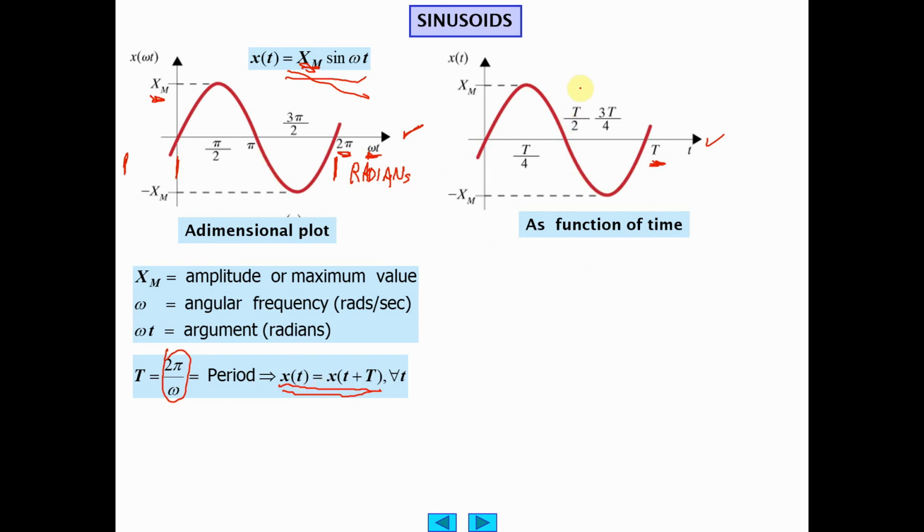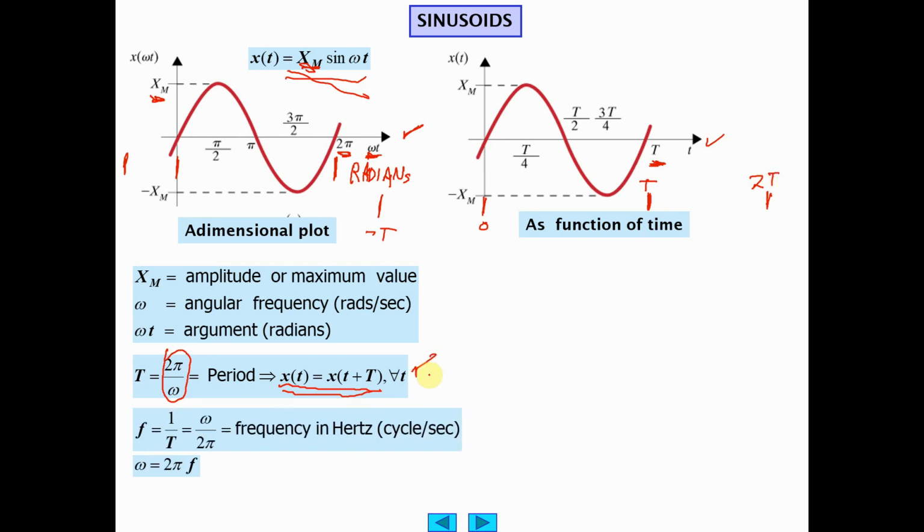The same thing with time, that if you add one period, the signal between 0 and the period is equal to the same signal from one period to 2 times the period, or the same as the signal from negative capital T to 0, capital T here, to capital T. That's what this is trying to tell us.